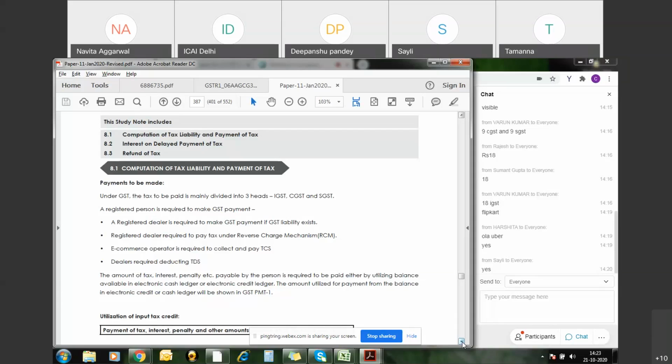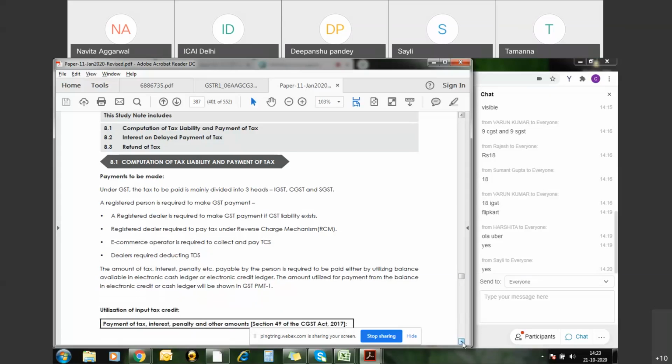So the electronic cash ledger and electronic credit ledger are the electronic ledgers available on the GSTN portal, reflecting the liability and the ITC, input tax credit, available to the registered dealer. Here it is provided that the registered dealer first utilizes the ITC, and then whatever balance remains is payable in cash.